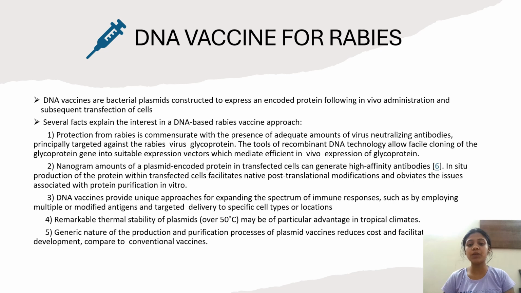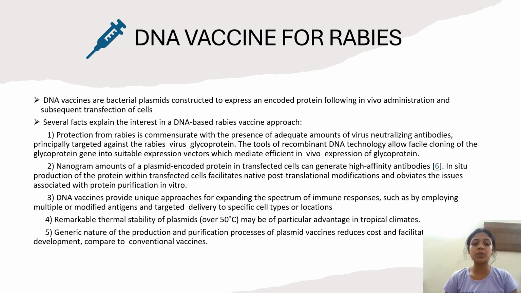The tools of recombinant DNA technology allow facile cloning of the glycoprotein gene into suitable expression vectors which mediate efficient in vivo expression of glycoprotein. The second one is that a nanogram amount of a plasmid encoded protein in transfected cells can generate high affinity antibodies.